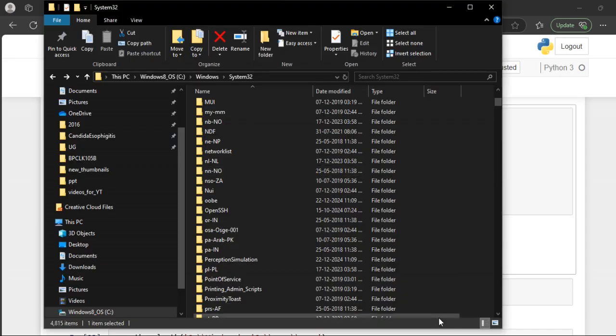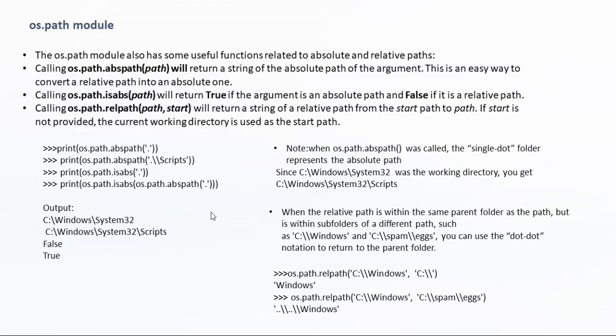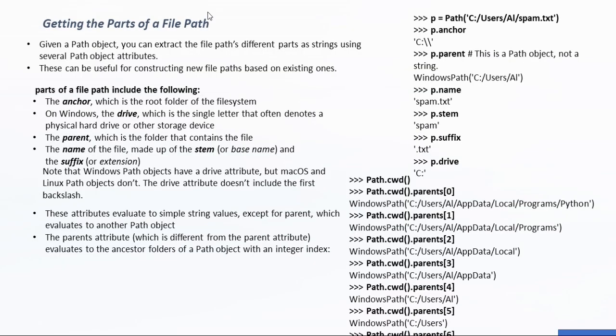That's all. Now coming to the next topic, getting the parts of a file path. If you want to get specific parts of your file path, how can you do it? This is the path we have. If I want to get access to the root of this, you just type p.anchor, and it will give you C. If you want to access the parent, type p.parent.